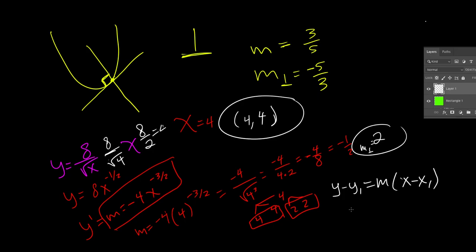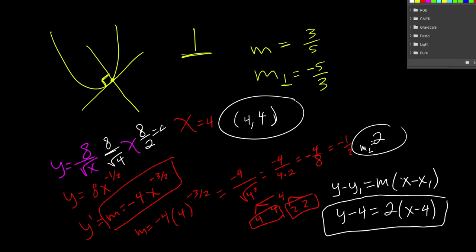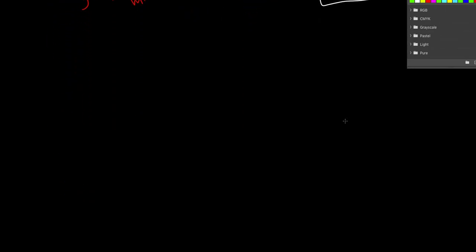Plug those in, so it's y minus 4 equals 2, which is our normal slope, and then x minus 4. And it doesn't ask for a specific format to write it in, and so we're going to be okay with point slope form.